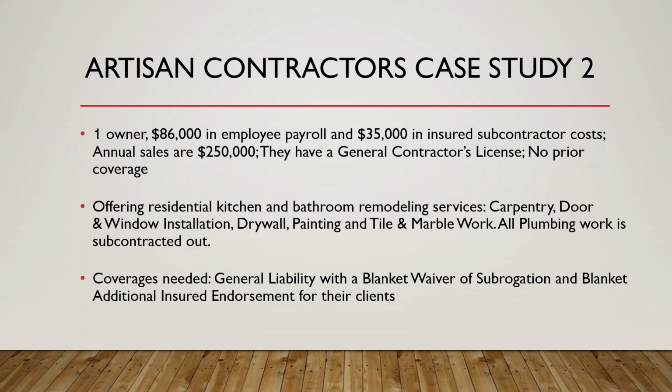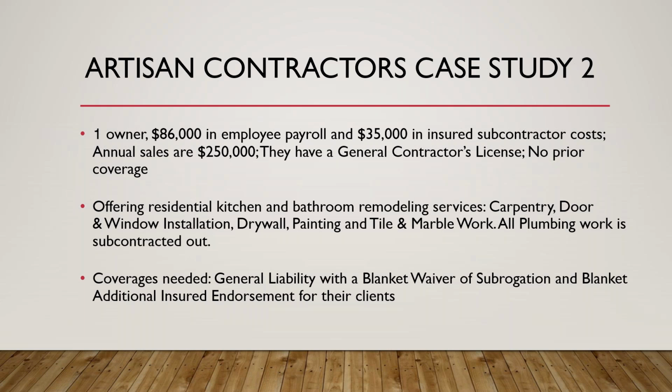The second example I have for you is one owner with $86,000 in employee payroll, $35,000 in insured subcontractor costs, and $250,000 in annual sales. They have a general contractor's license which is great that they're licensed.